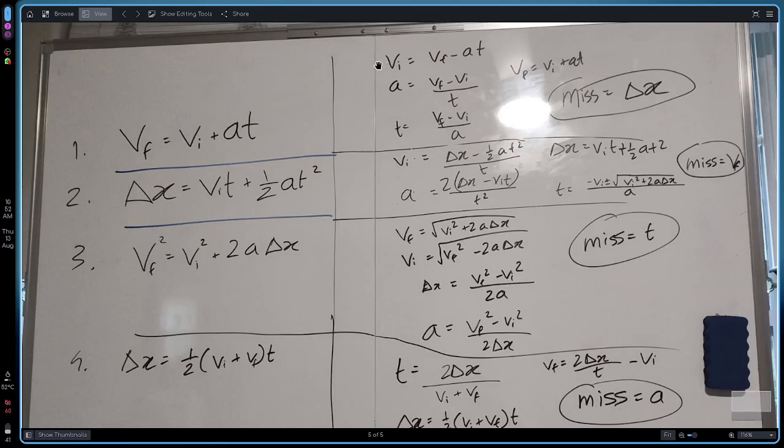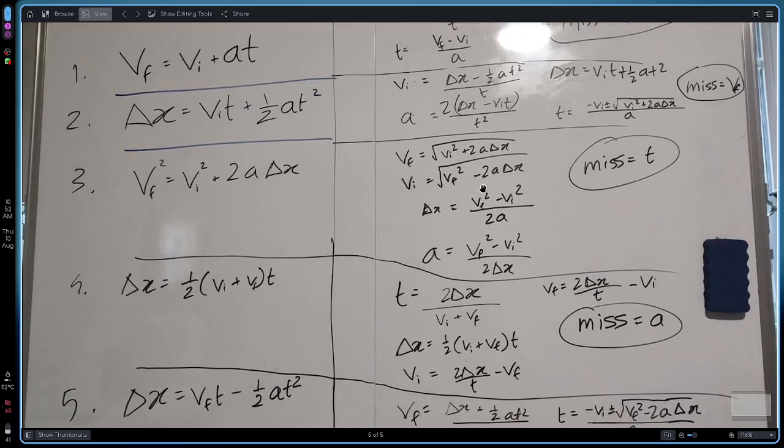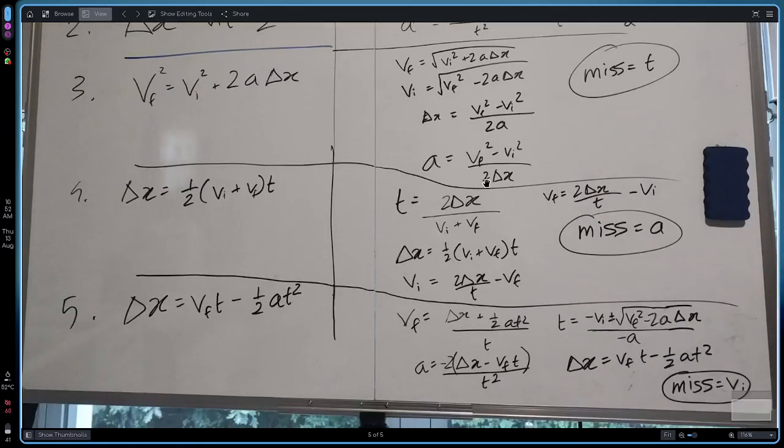But basically I'm just rearranging the equation so that it solves for each of these variables independently. I have it for all of the big 5, all of the variables.